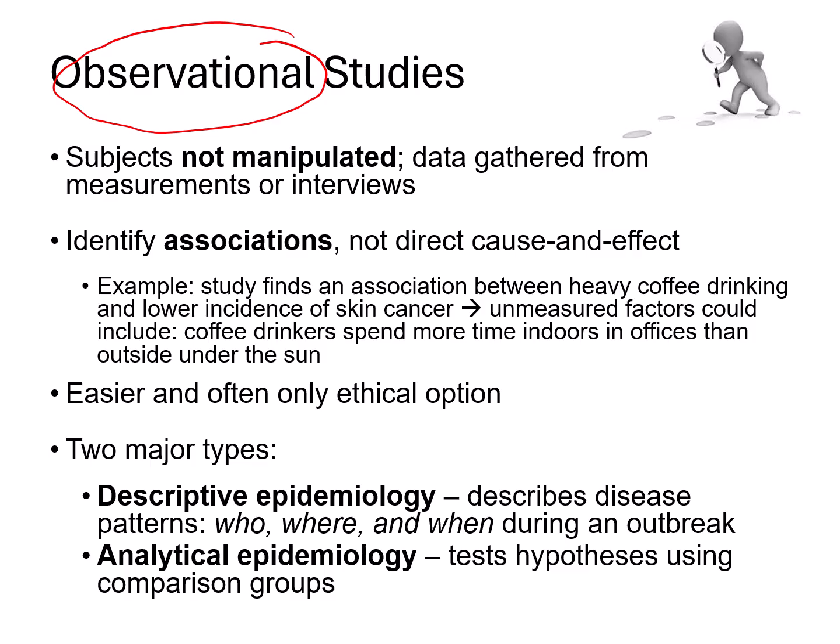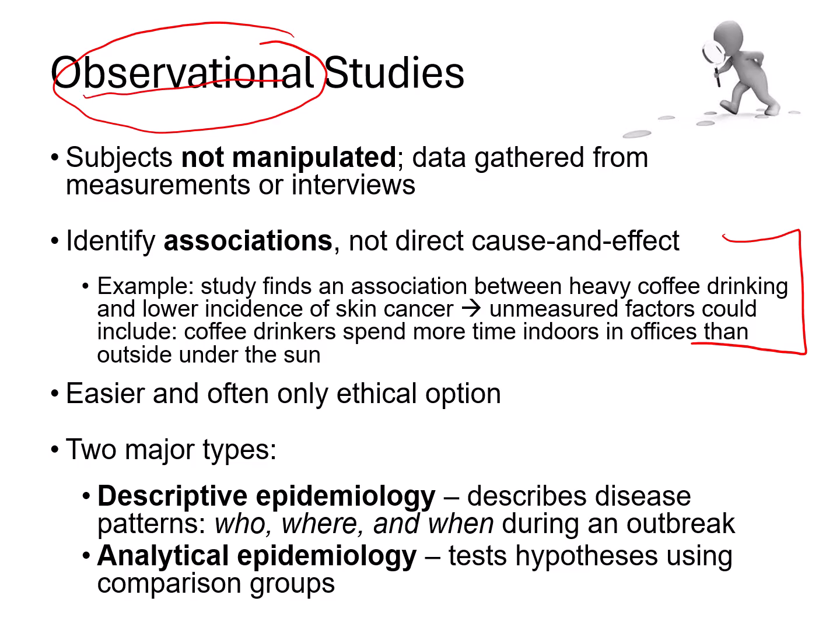For example, let's say that a study finds an association between heavy coffee drinking and lower incidence of skin cancer. It's possible that the lower rate of skin cancer is due not just to drinking coffee, but to less sun exposure. And this observational study cannot distinguish between these two potential causes.